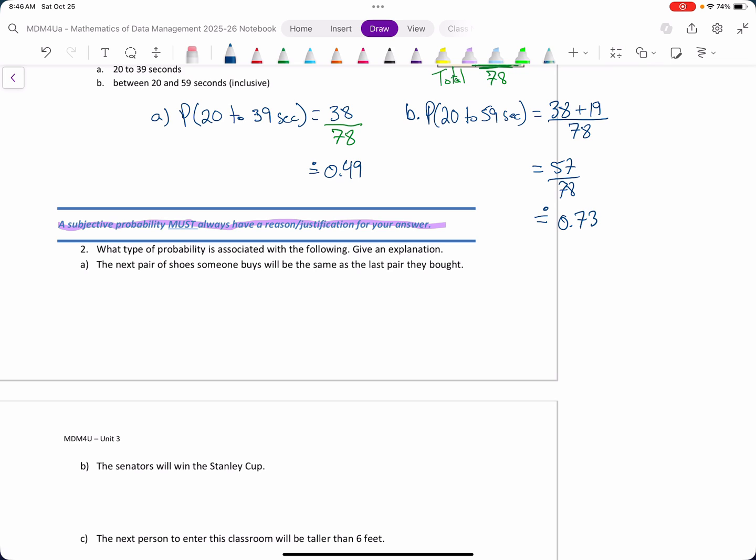What's the probability that the next pair of shoes someone buys will be the same as the last pair they bought? This would be an example of subjective because it's based on that person's experience. So it's based on personal experience or preference.